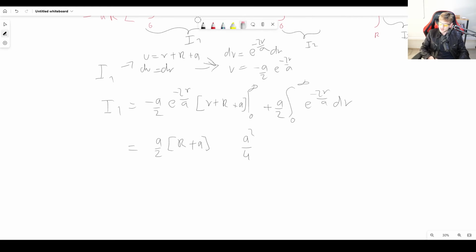The exponent elevated to 0 is 1, so we get positive. And here we have aR over 2 and a squared over 2, plus a squared over 4, which is 3a squared over 4. All right, so this is the result from the first integral.